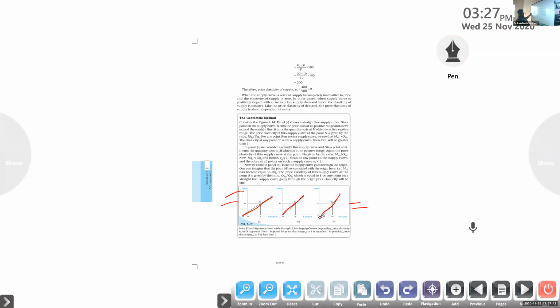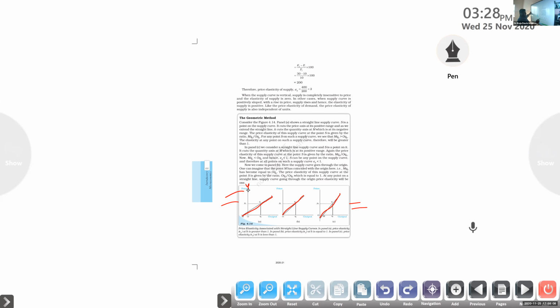So what is the specialty of the panel A supply curve? It is starting from the negative side of the y-axis, right? Yes or no? Coming to panel B, it is not negative or positive.